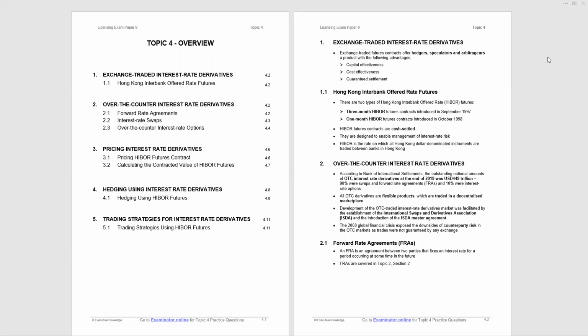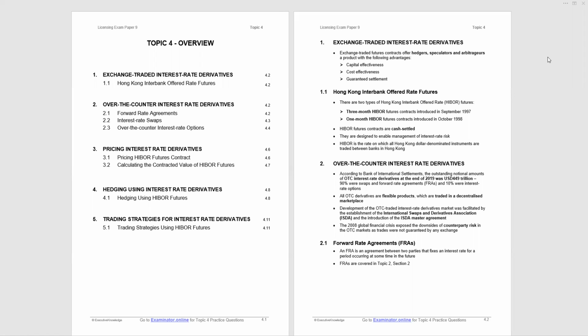Okay, so what have we got here? Exchange traded interest rate derivatives, as with any exchange traded derivatives, have advantages of capital effectiveness, cost effectiveness, and guaranteed settlement through novation that is practiced by the clearinghouses. Now, Hong Kong interbank offered rate futures, that's one of the main products that we will be considering at topic 4.